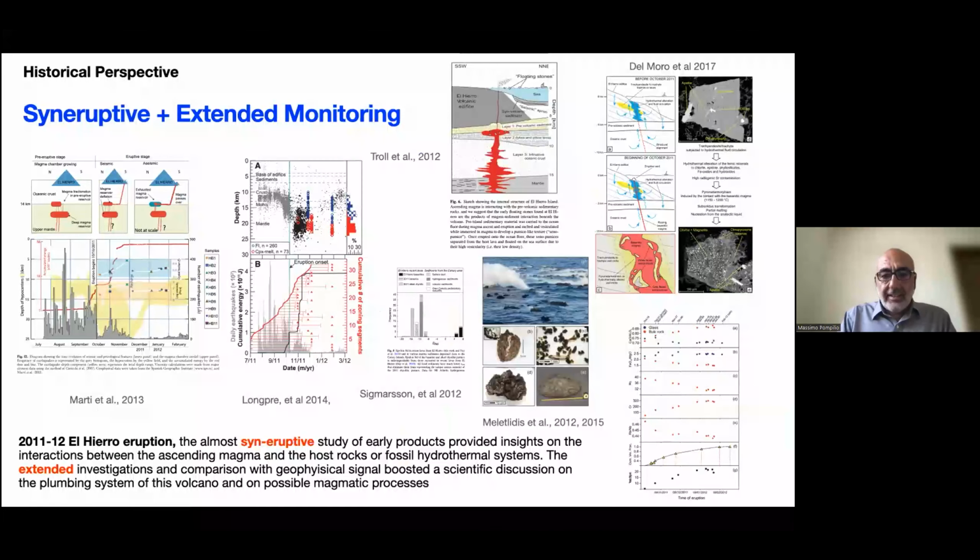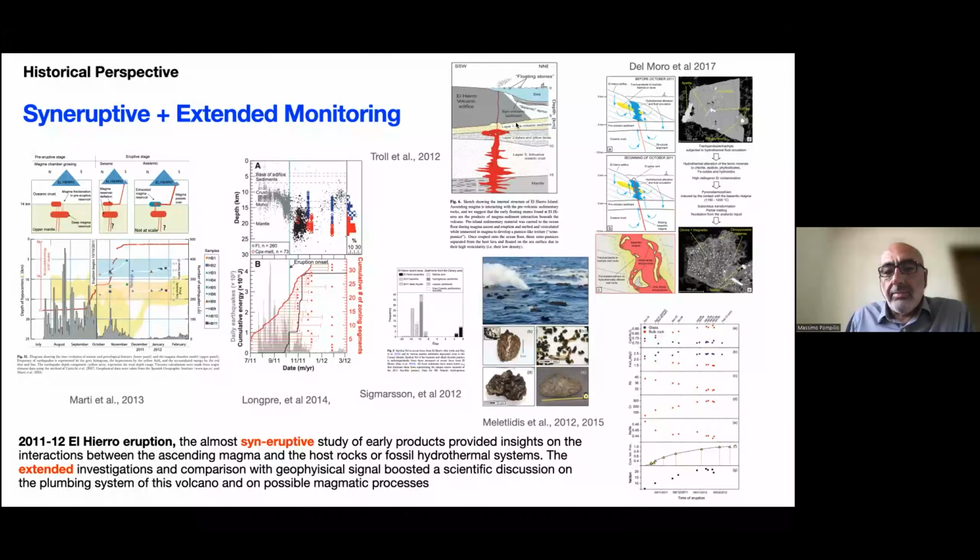And this obviously was interpreted as a different ascent path from the different fissure system. I go very fast. The scenario plus the extended monitoring also allowed several studies. For example, during the eruption of El Hierro, the scenario allowed us to explain the presence of these white rhyolitic or trachytic rocks within the basalts.